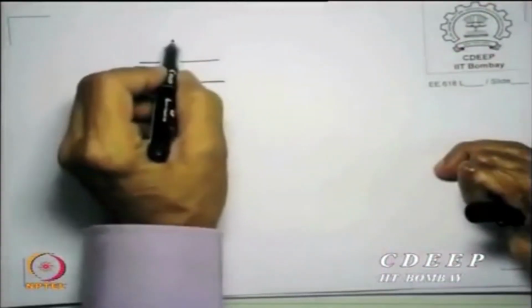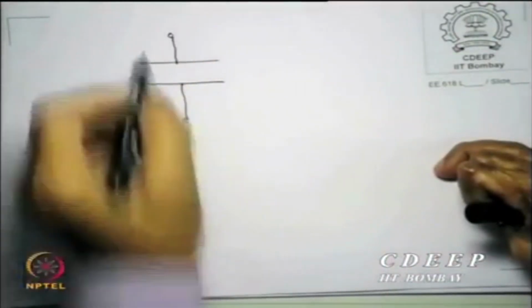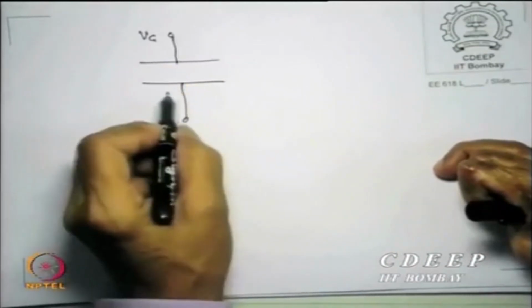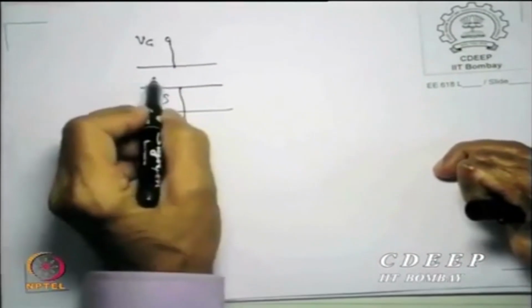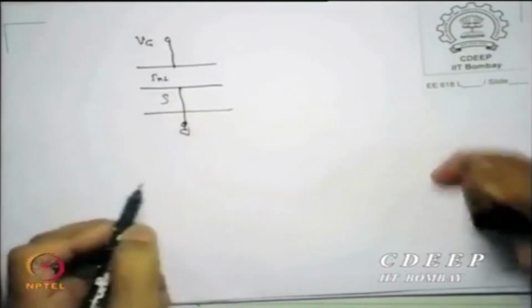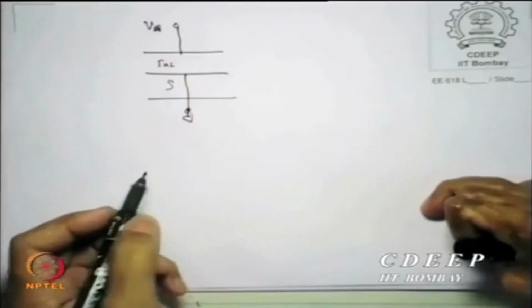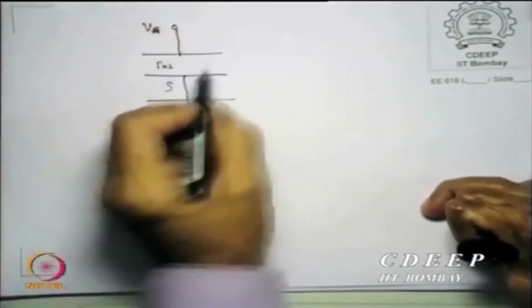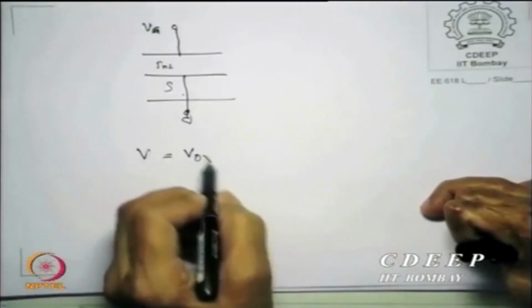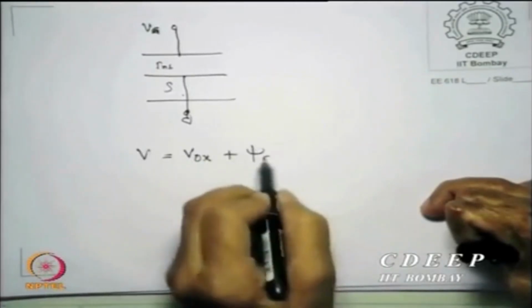You have a capacitor. This is the semiconductor, this is the insulator. If I apply some voltage, call it V, across the insulator and the semiconductor, V must be equal to Vox plus the semiconductor potential.